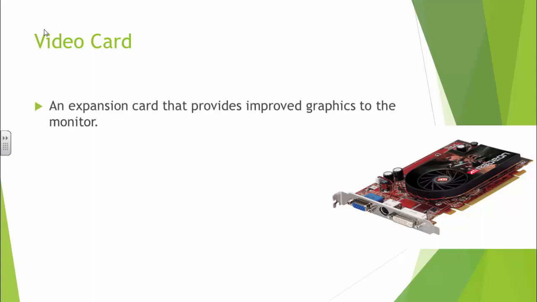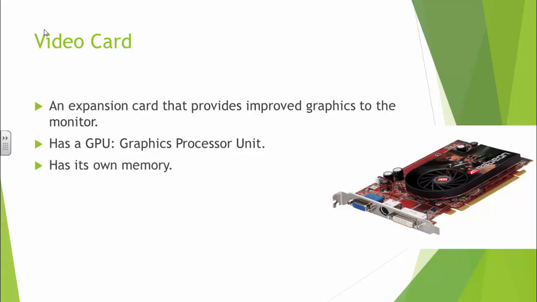So a video card is the capacity to have improved graphics displayed on a monitor. It has its own processor unit, so it doesn't use the CPU for its calculations. It uses a graphics processor unit. It also has its own memory, its own RAM. And it may give us the ability to have different outputs for different kinds of monitors.